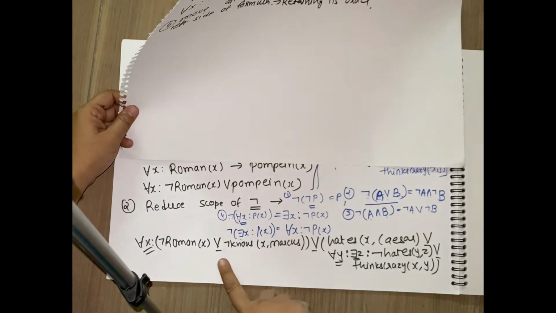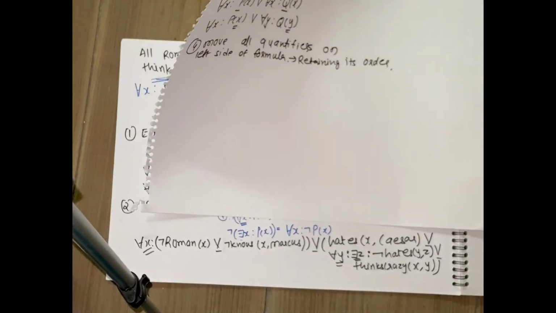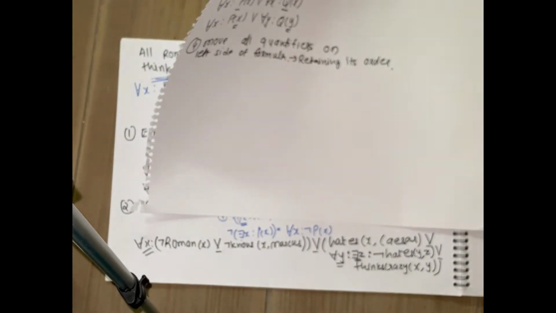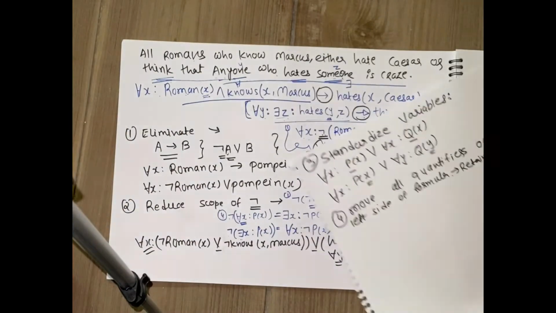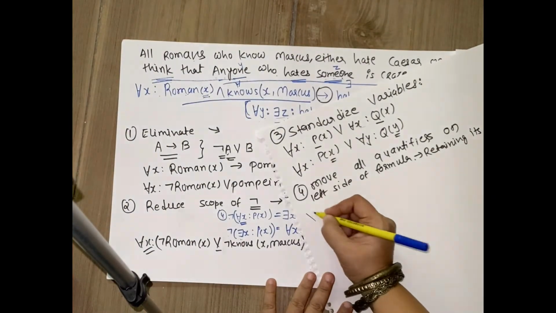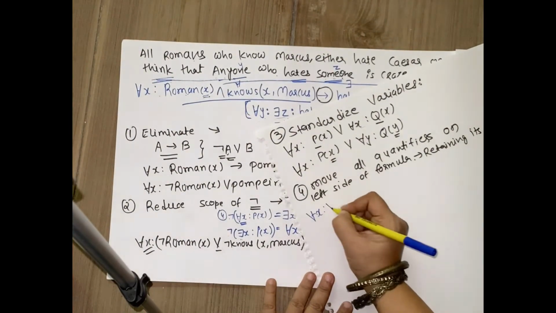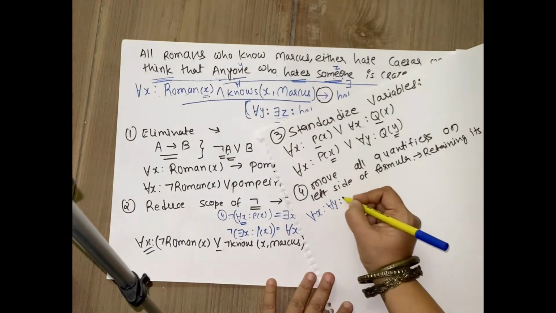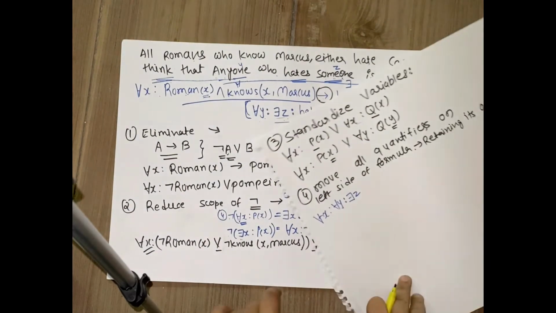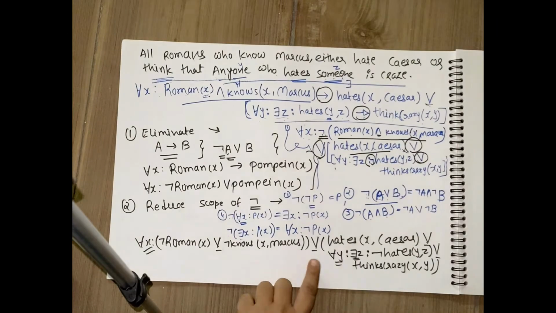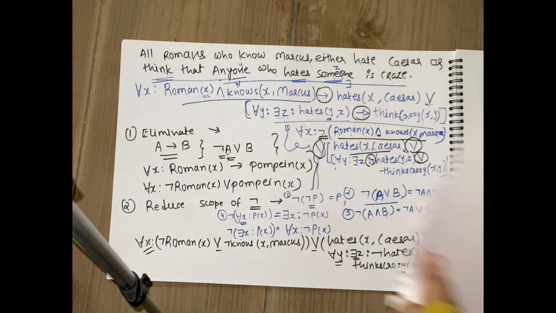The entire term should be written, but for all x, for all y and there exists z should be written on the leftmost side. So this will be written as for all x, for all y, there exists z, in the same sequence. Then not Roman(x), or not knows(x, Marcus).